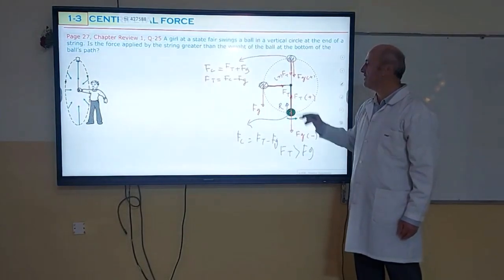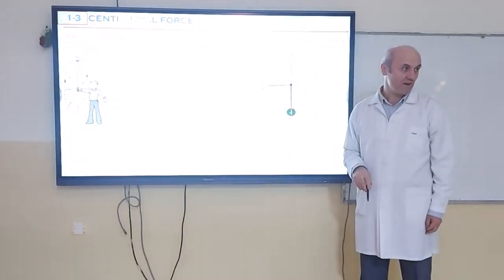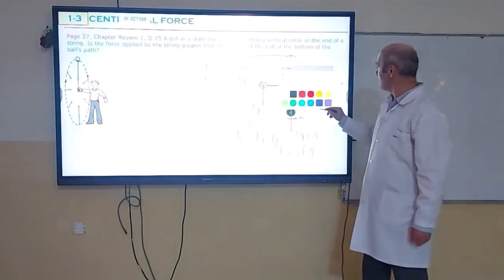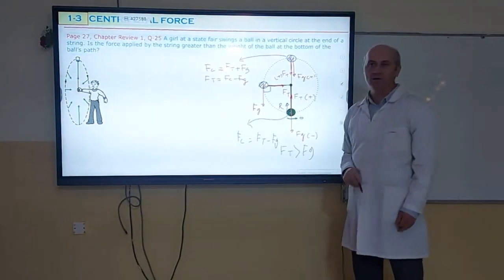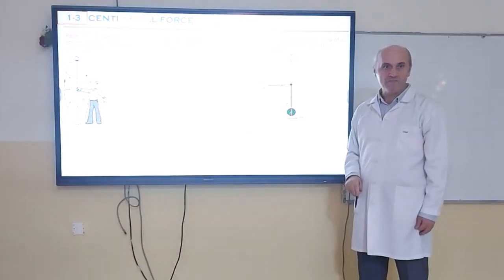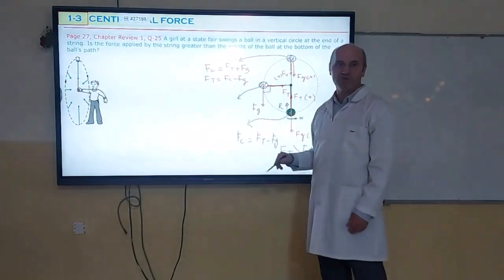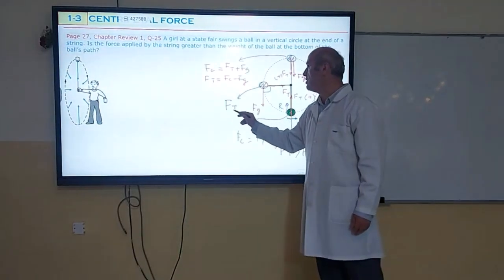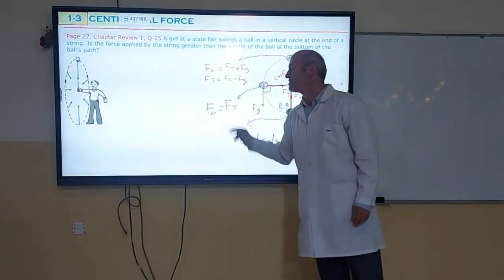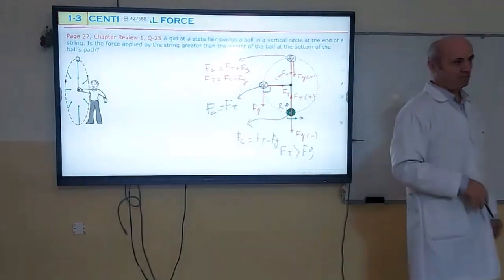So now, which one is not effective? Fg is not effective. Why? Because Fg at that position is perpendicular to the radius. The only effective force in here now is Ft. Yani at that position, Ft is the only effective force, yani the only centripetal force in here is the tension force.